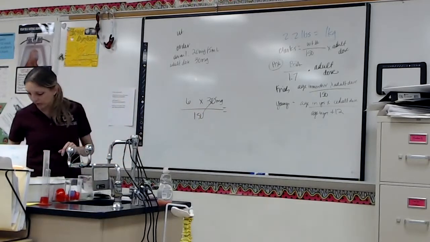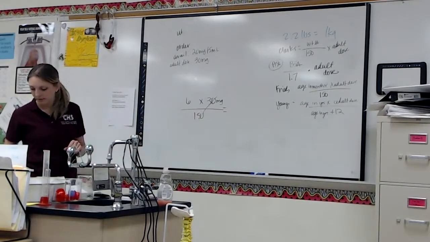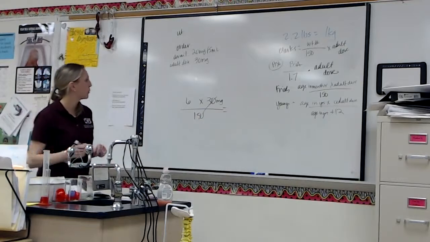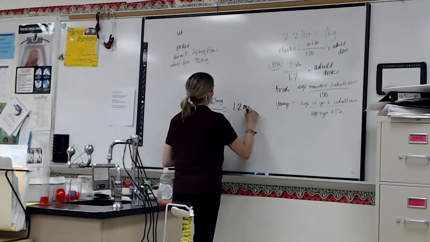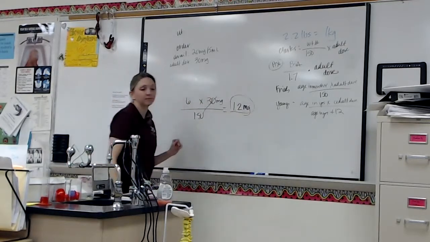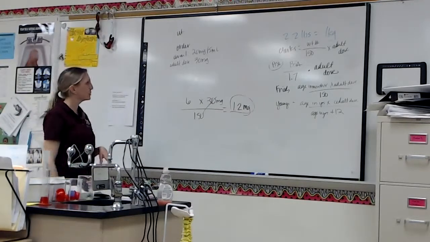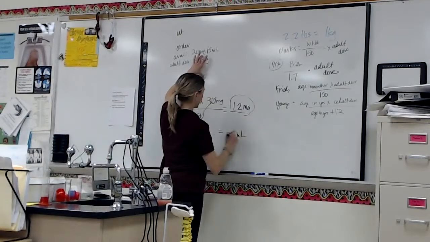Which is going to be 1.2 milligrams. That's how many milligrams they need. Now look, it wants to know what volume. We're going to go back and use dimensional analysis. We already know what's available, and we want to know how many milliliters they actually need.